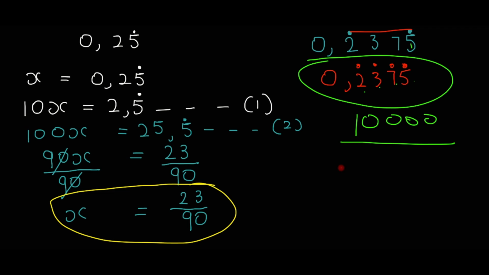So just be careful. If they give you 0.25, this one they mean you must repeat this one only.